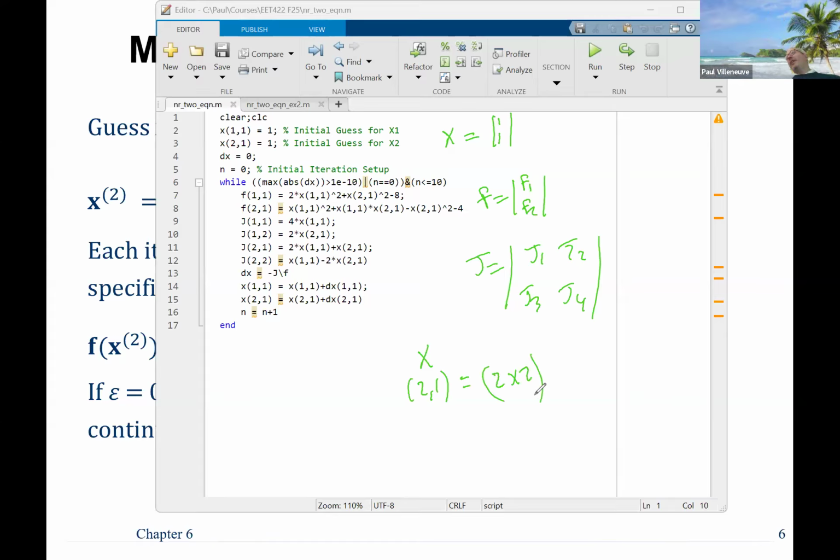When I invert the Jacobian, which is a square matrix, I still get a 2x2. And then when I multiply that, this is a 2x1, and then I have to add to that a 2x1. So dimensionally, you end up with a 2x1 matrix.